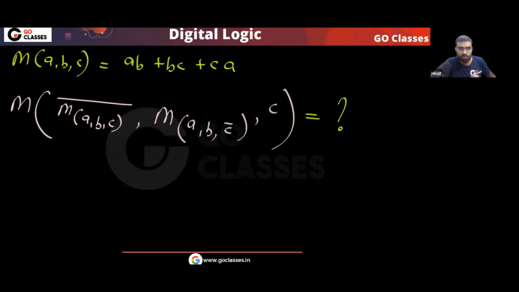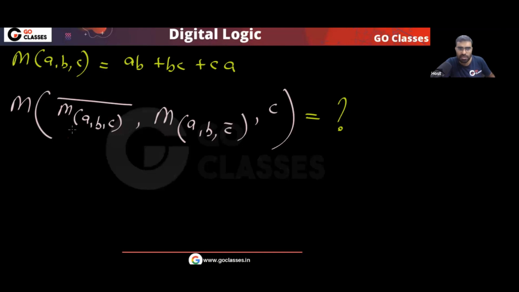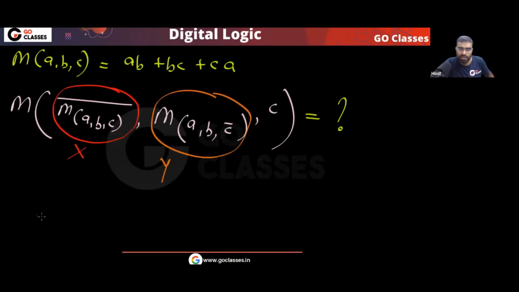If you want to solve this type of question, what is the best way? What you can do is assume this as some X. I don't know what this is, let's call it X. And let's call the other one Y. So finally, the question is asking MXYC.